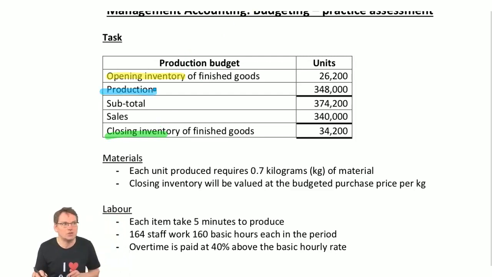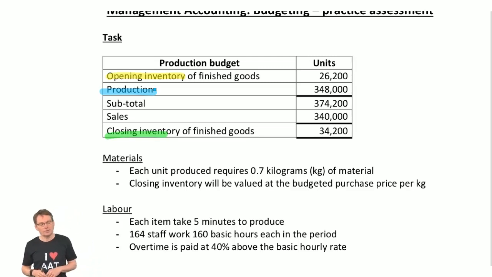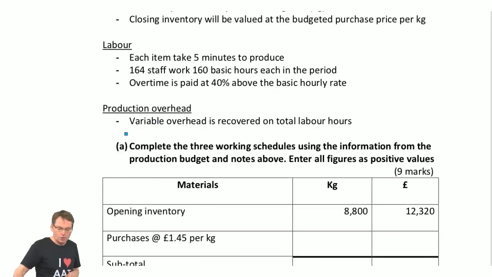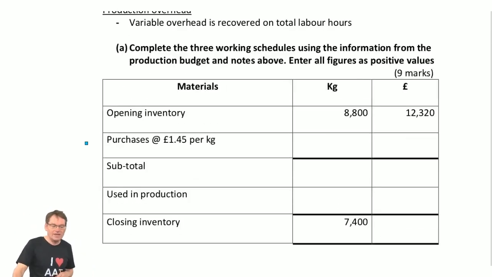That just gives me an excuse to put lots of coloured highlighters on there. So, we're told about the production that we've got, the inventory of finished goods and the closing inventory of finished goods. What we are not told about, at least not to begin with, is the materials. All we're given is the opening inventory.